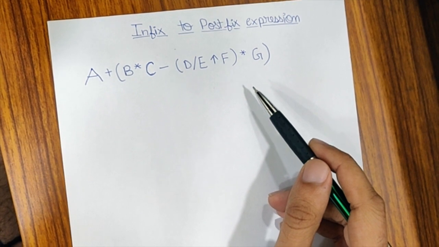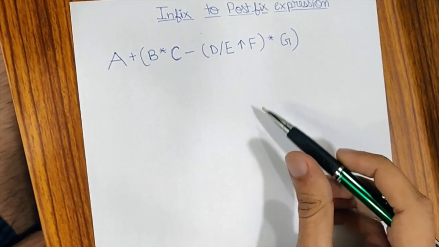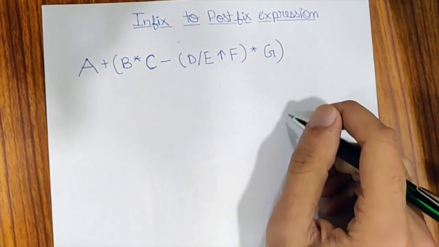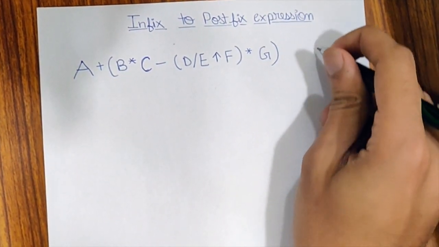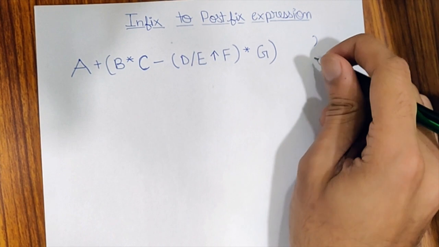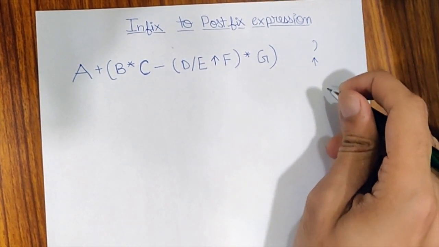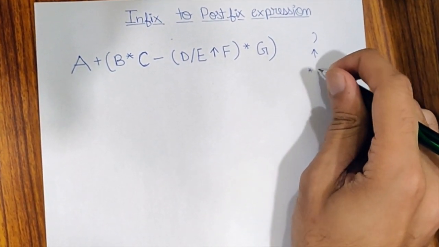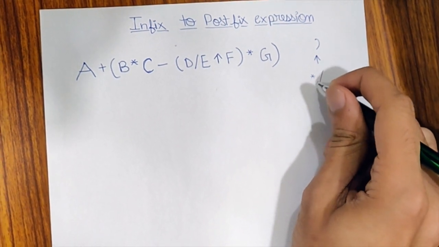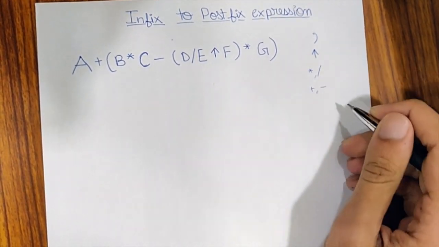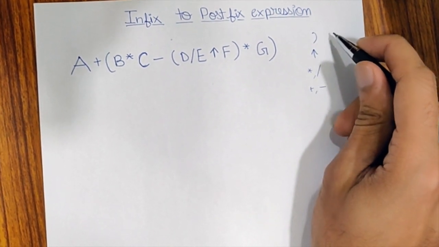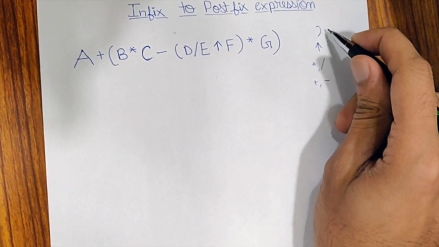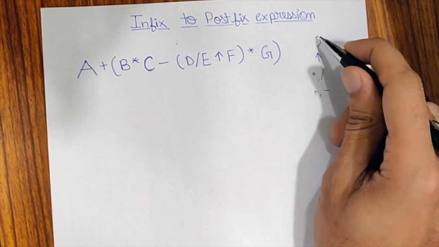The logic behind this is very easy. The most important thing that you've got to remember is the order of precedence, which goes something like bracket, exponential, multiply, divide, plus, minus. You can see that the bracket is the most favored, or you can say strongest of all.